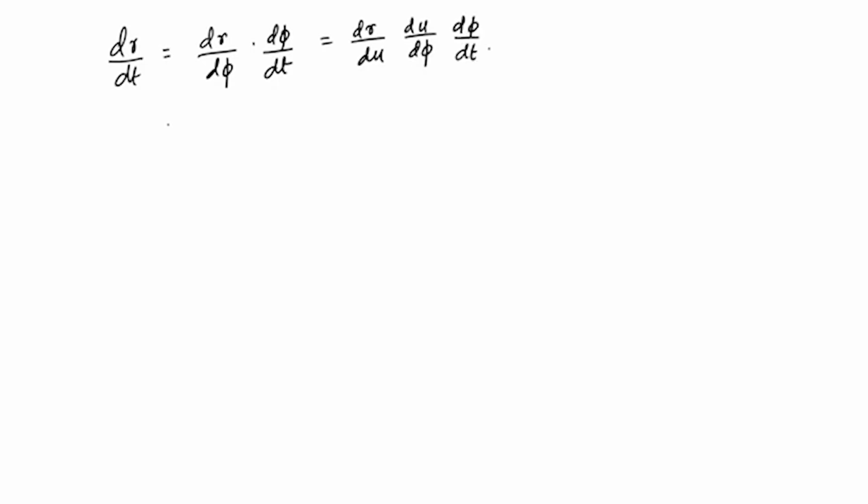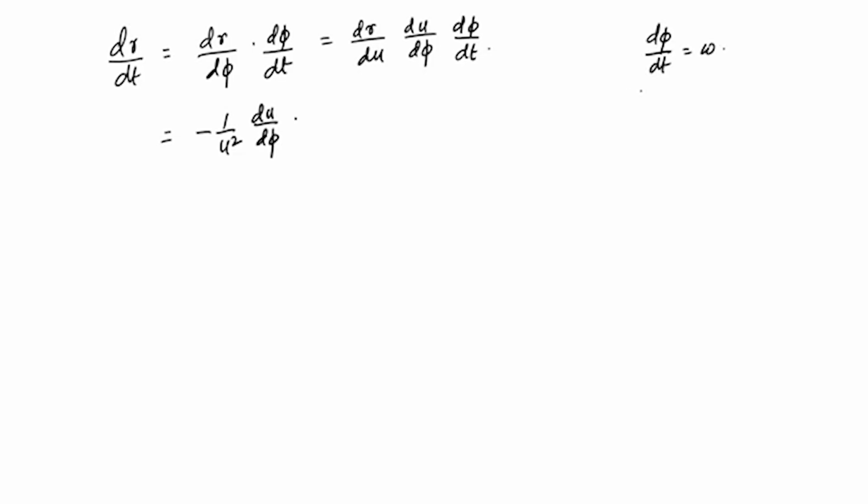And this is nothing but minus 1 over u square, because dr du is minus 1 over u square, and then we have du d phi, and d phi dt is nothing but omega.